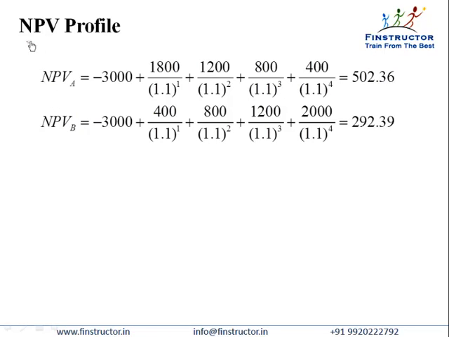We'll now try to study the NPV profile of the project at different discount rates. So at 10% discount rate, please recall the NPV came out to be 502.36. Now let's see what happens as I change the discount rate a little bit.